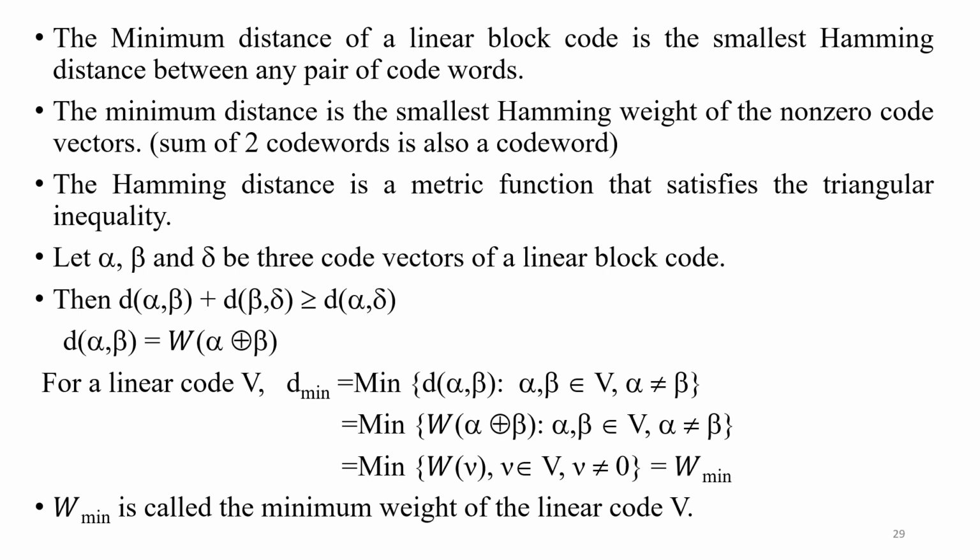Then d of alpha, beta plus d of beta, delta will be greater than or equal to d of alpha, delta. d of alpha, beta equal to weight of alpha plus beta. Now d min equal to minimum of d of alpha, beta, and this is equal to minimum of weight of alpha plus beta, and this is equal to minimum of weight of V. So w minimum is called the minimum weight of the linear code V.